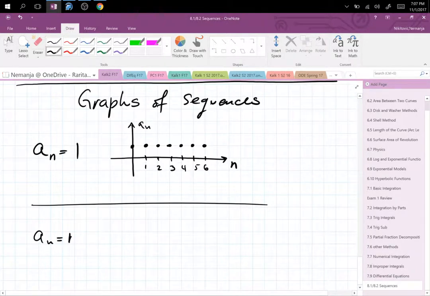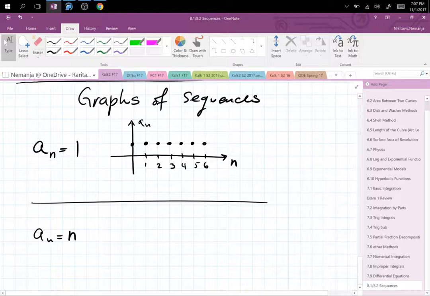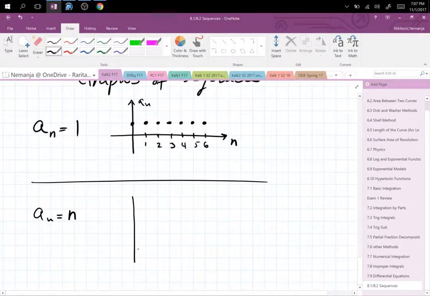a n equals n. Again, your a n, you can think of it as the function's y, and the n is the input.